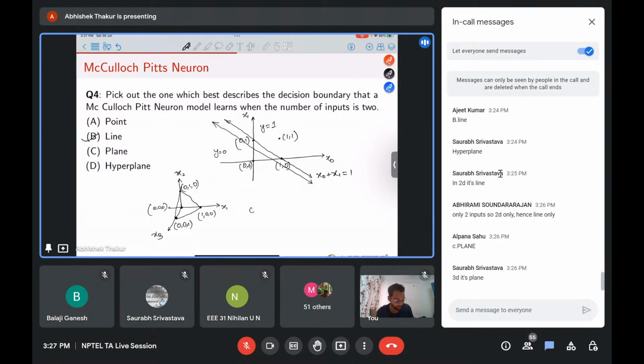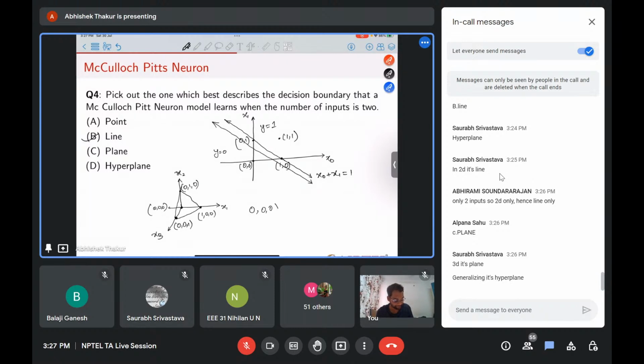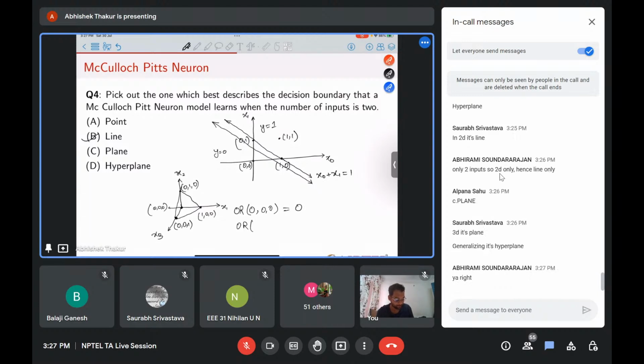In the OR function, when all the inputs are 0, then the output is 0. If any of the inputs is 1, then the output is 1.